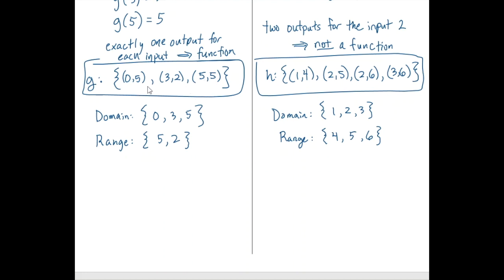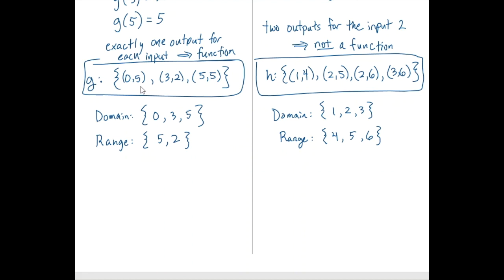If each ordered pair has a different x-coordinate, that means that each input or x-coordinate is assigned to exactly one y-coordinate or one output. So G represents a function, but H does not, because the x-coordinate of 2 shows up in two separate ordered pairs, and that means it's assigned to two different values from the range.